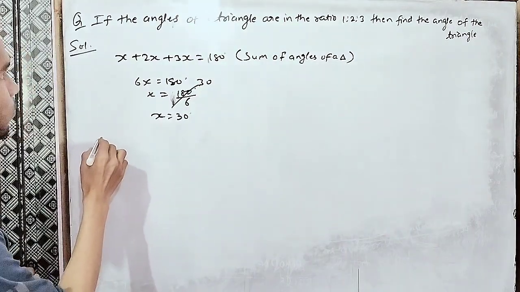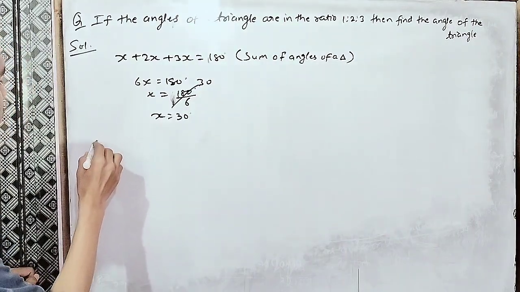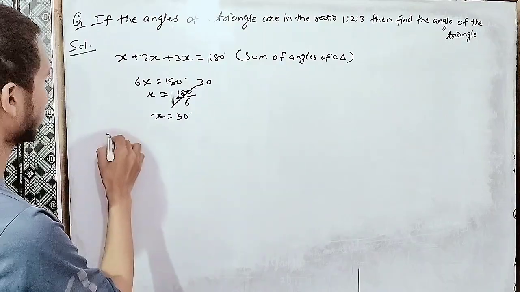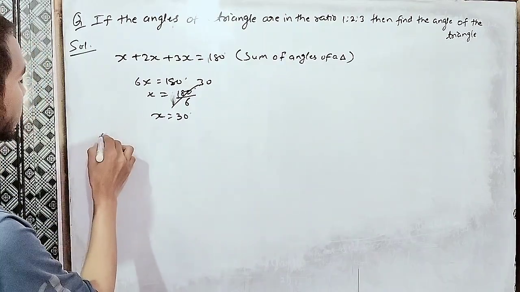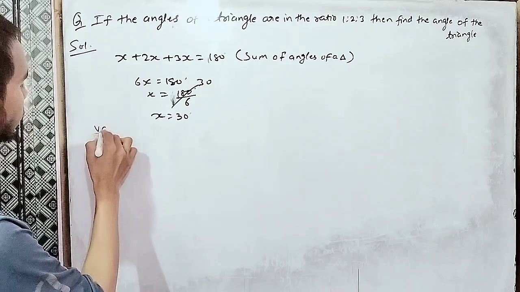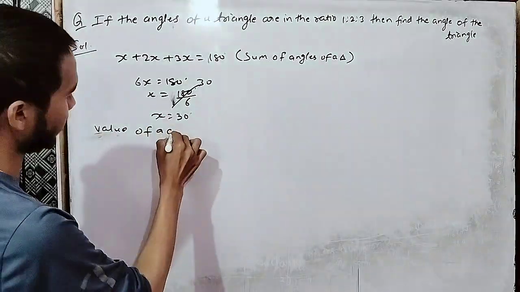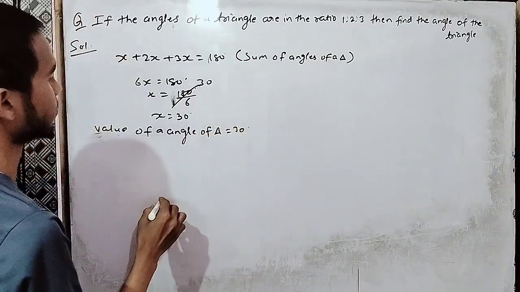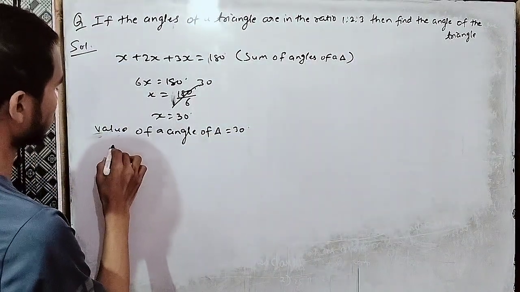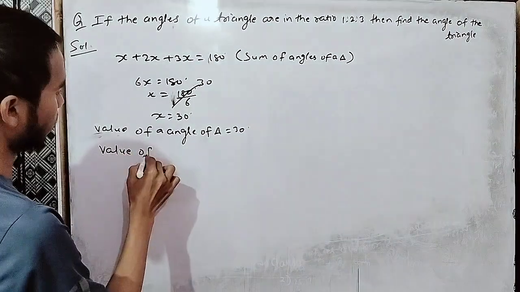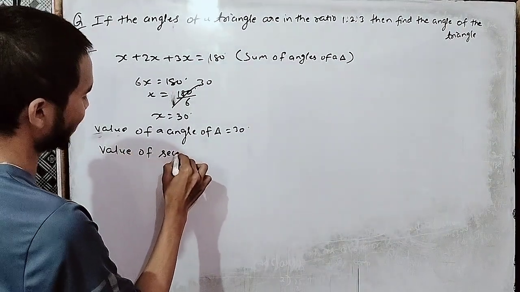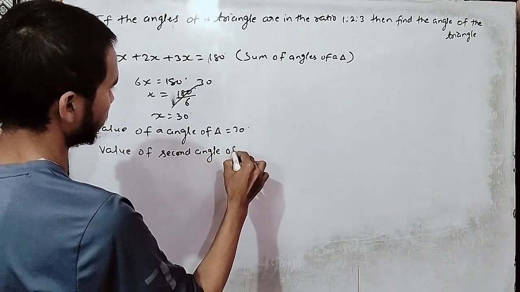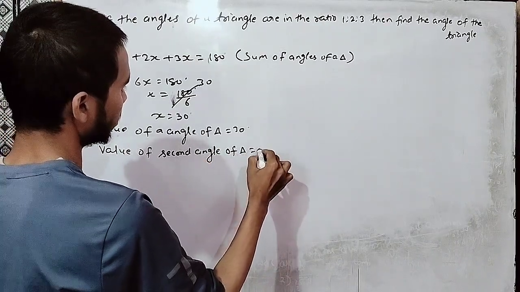So first of all, the value of the first angle is 30. The value of the second angle is how much?